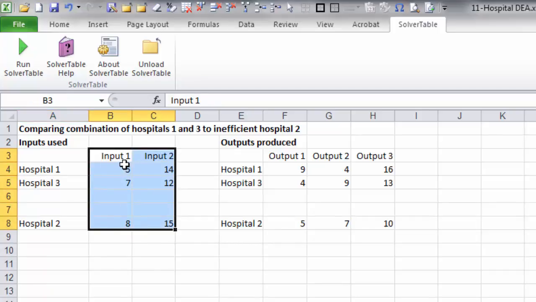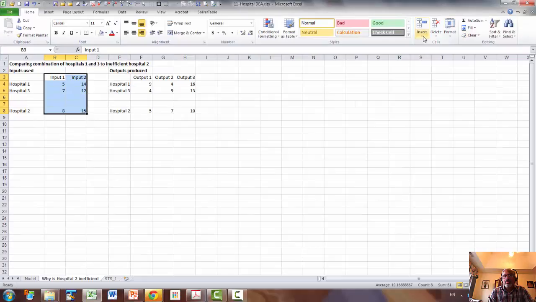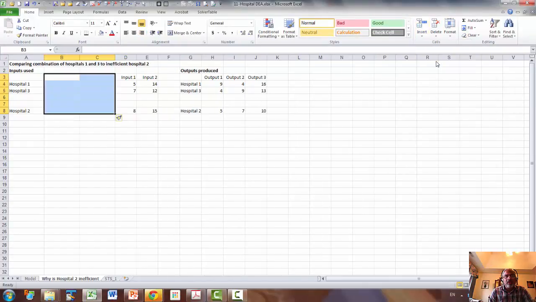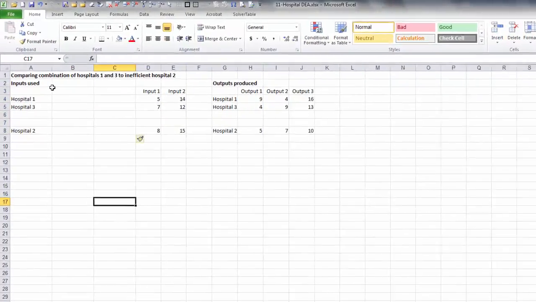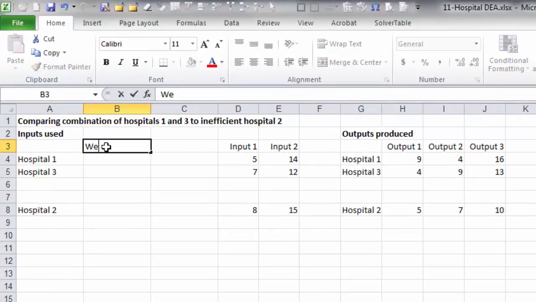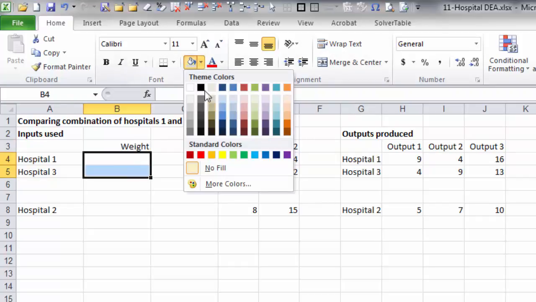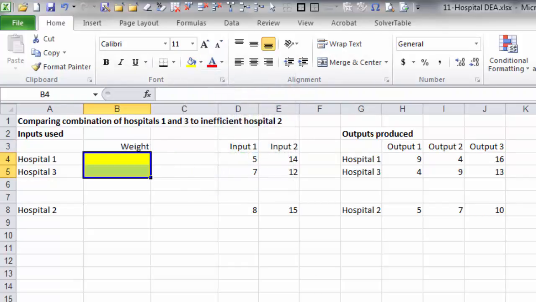So let's add a couple of columns here. Okay, we could go and insert columns. Okay, so what we're going to do is set up a weight. Okay, it can be any weight, doesn't matter, and we'll make weight our decision variable.